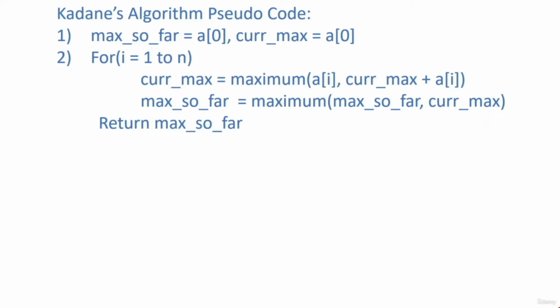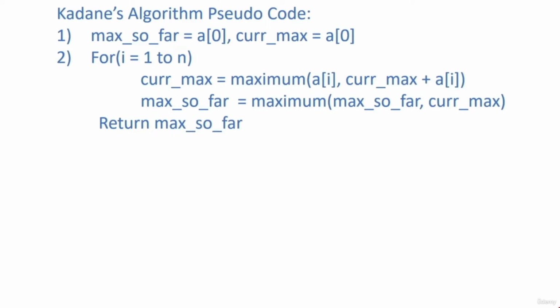One more thing, the implementation we are going to cover here is the most comprehensive, which means it is applicable even if the array contains all negative elements. Let's discuss the pseudocode. First of all, we are initializing two variables, max so far and current max, both with the first element of the array.